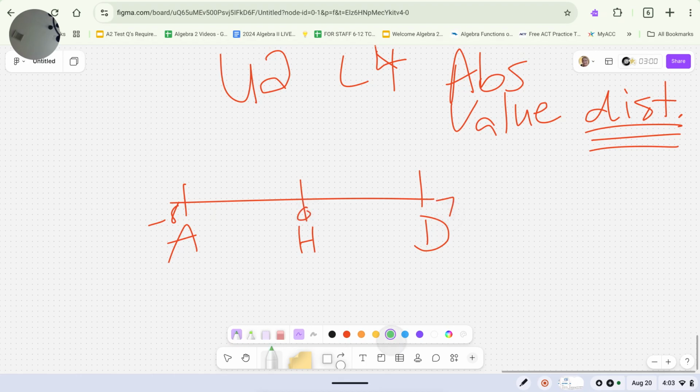If I travel to Dallas, it's a distance of 7. If I go to Austin, I'm traveling 8. Even though it's in a negative direction, I'm still doing a positive distance because I'm not going back in time or going through a wormhole or going backwards. I am still moving forward.